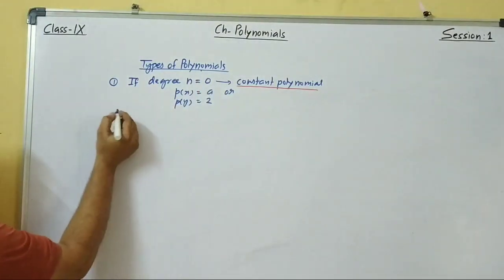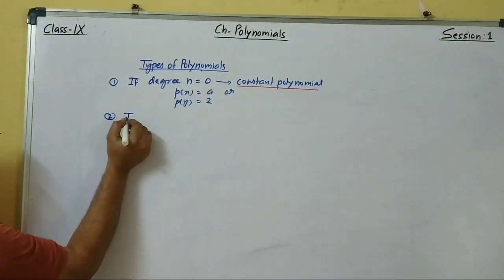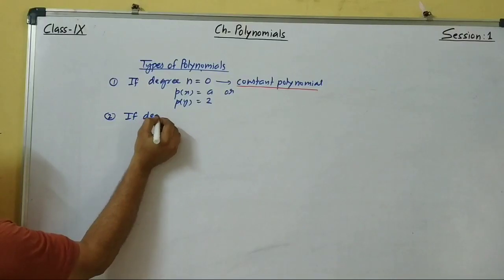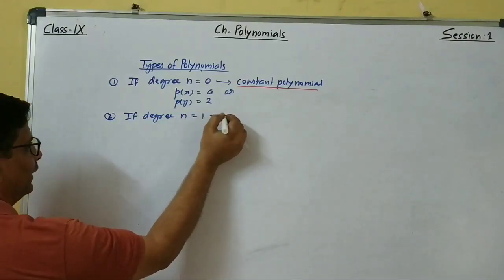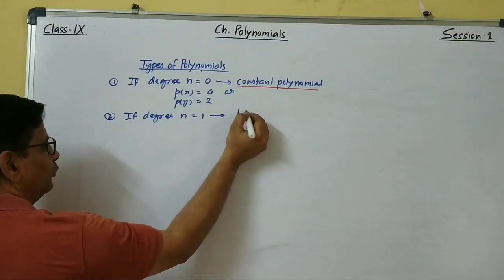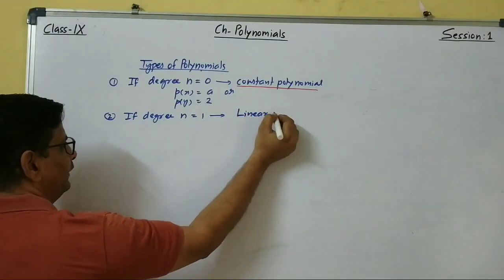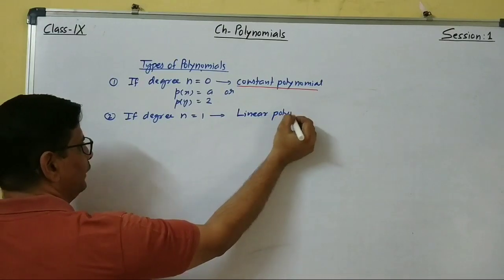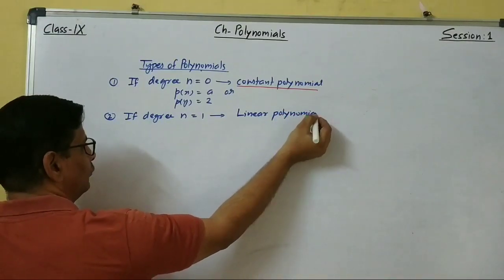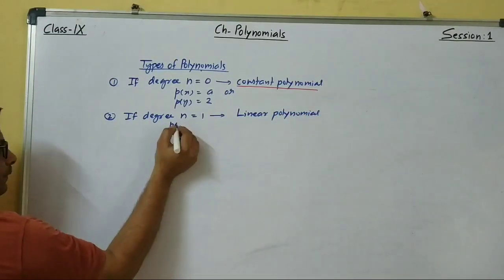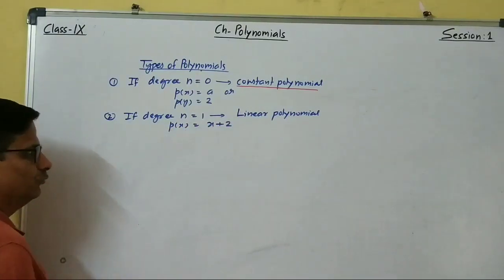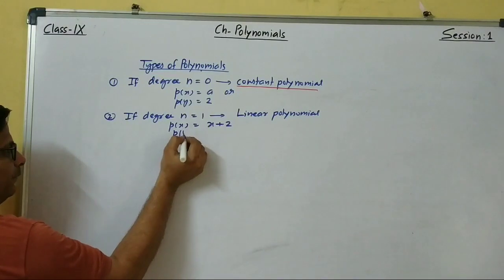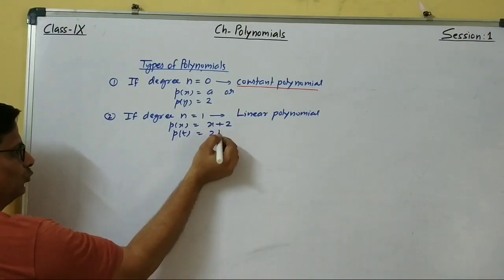Now, if the degree n is equal to 1, then the polynomial is called a linear polynomial, like p(x) equal to x plus 2, p(t) equal to 2t.